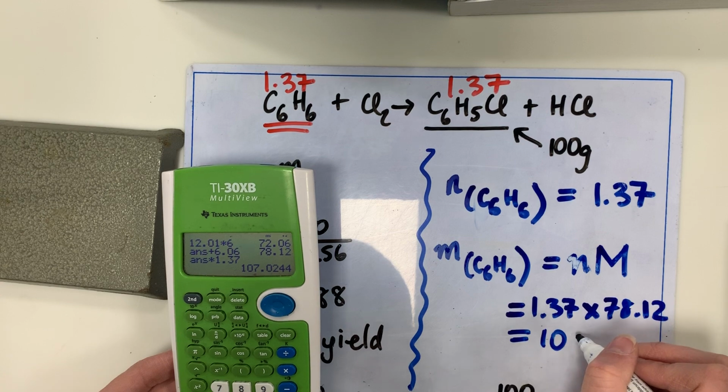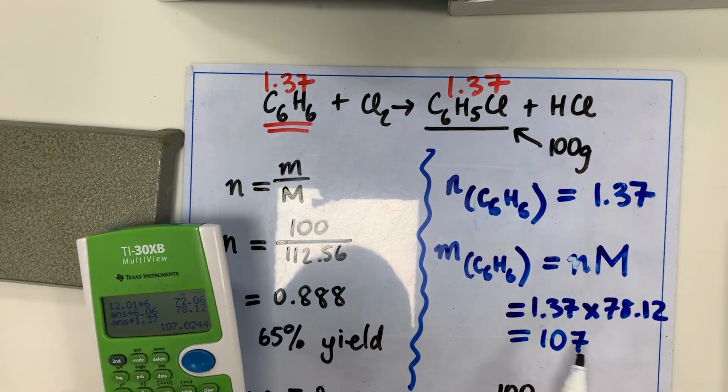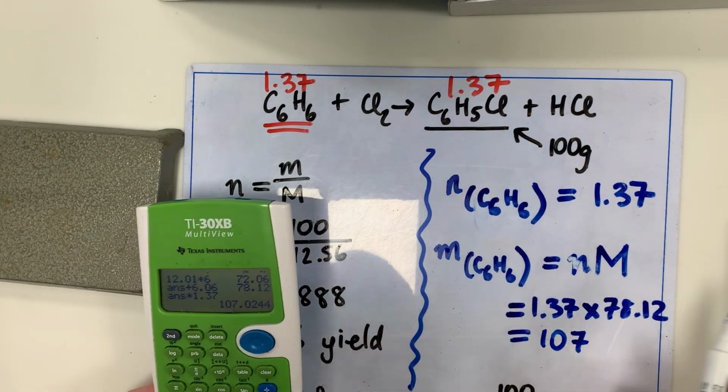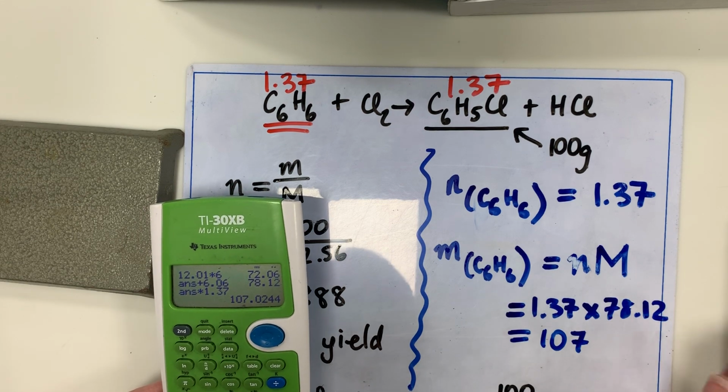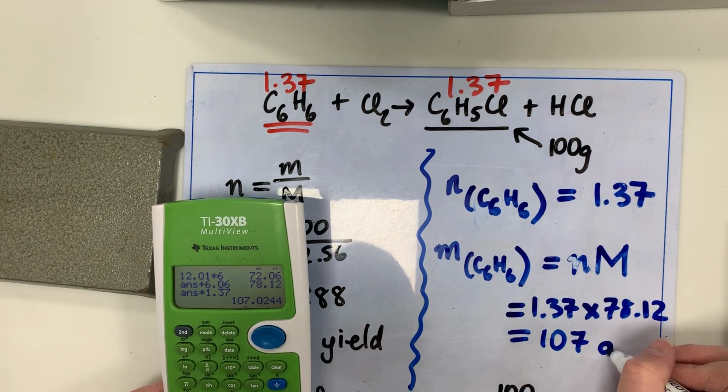That gives us 107. Now, what was our limiting factor? We had 3 significant figures to start with, so we'll just leave that as 107, and that's grams.